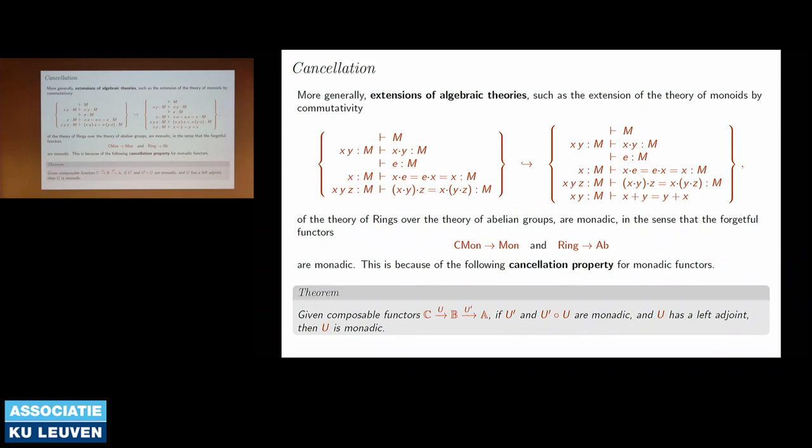So here, for example, I have the theory of monoids, and here I add a commutativity axiom, so that's an extension by a new axiom, and that's monadic.